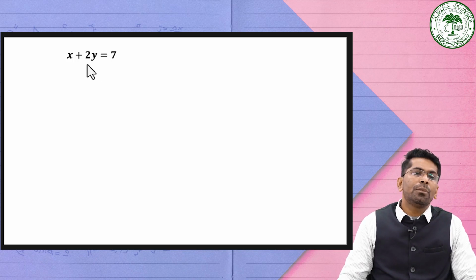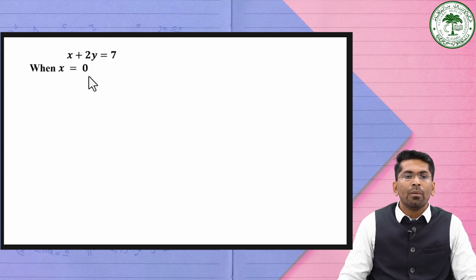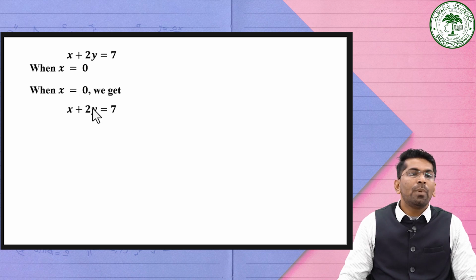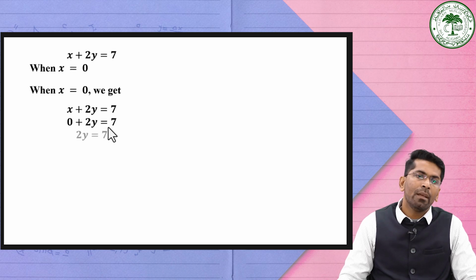See, x plus 2y is equal to 7. Now here, by assuming x is equal to 0, we can find the y value, so it will be the y-intercept term. When x is equal to 0, in the given function x plus 2y, instead of x we put 0, so 0 plus 2y is equal to 7.